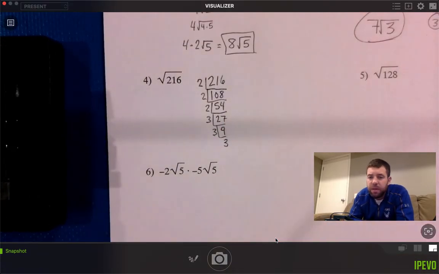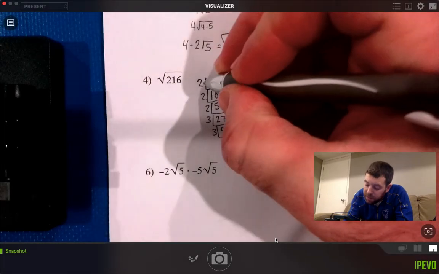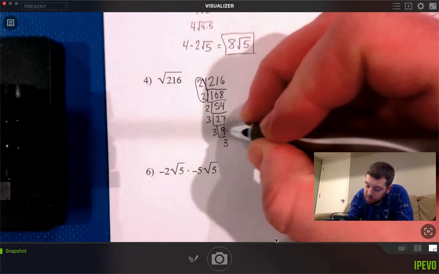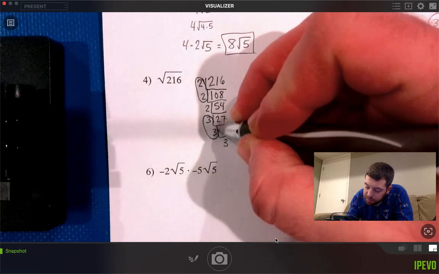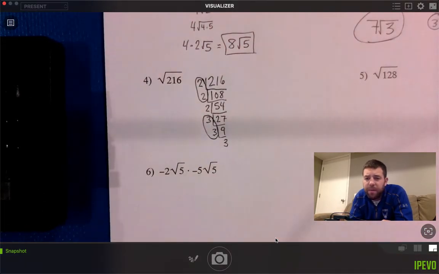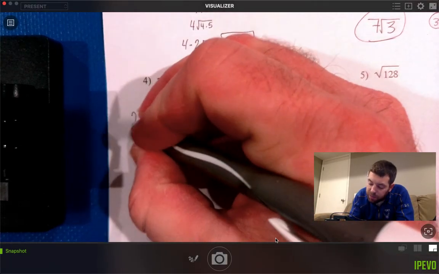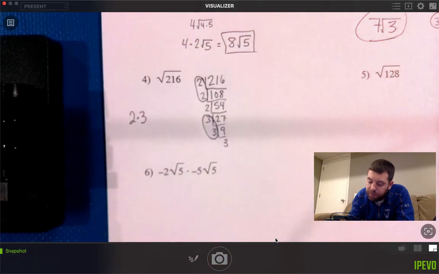Notice I'm just pulling a 2 out every time, then a 3. Those are the easiest ones to figure out. From here, circle your pairs. If I got a pair, they come out. So I'm going to have a 2 that comes out and a 3 that comes out.